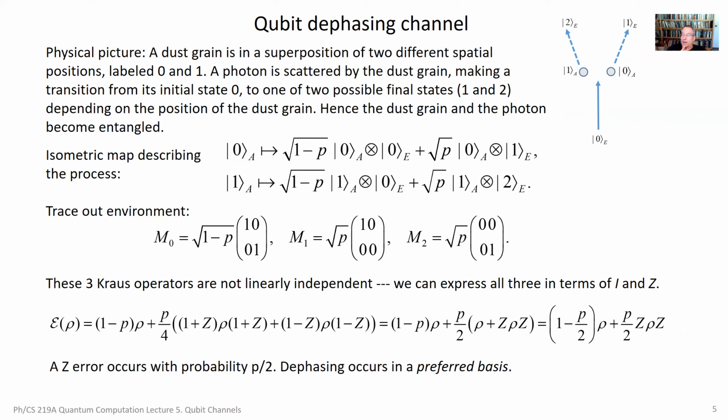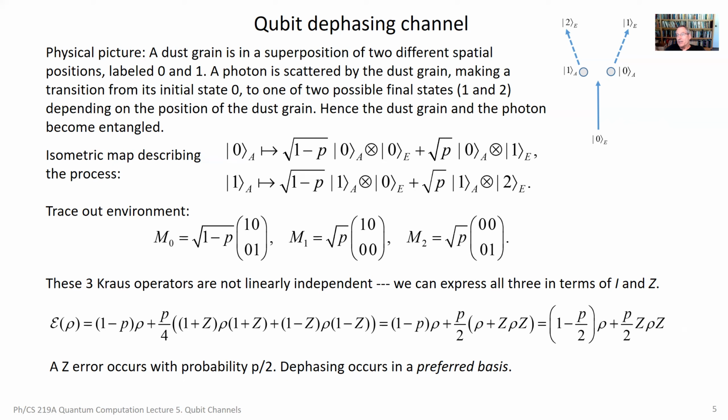That's the case where no interaction occurred, there was no scattering, plus the square root of p, 1 for dust grain, 2 for photon. That's the case in which the photon got scattered into the state 2, into a state distinguishable from the initial state and also distinguishable from the state that it winds up in if the dust grain had been in state 0 instead.